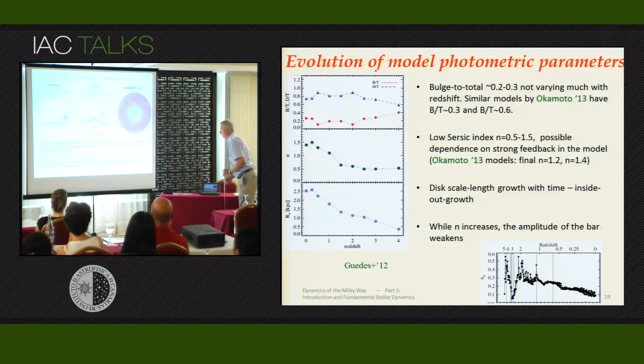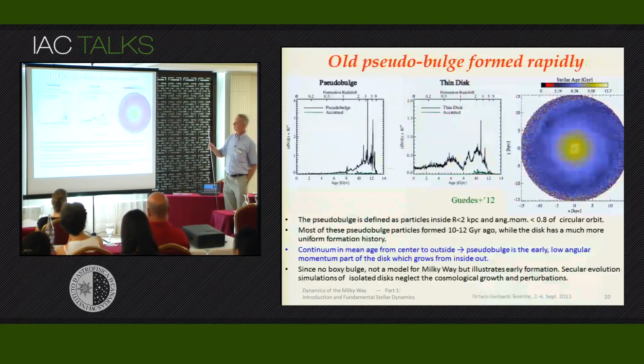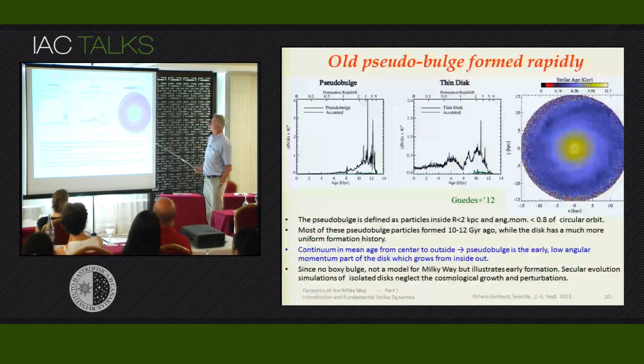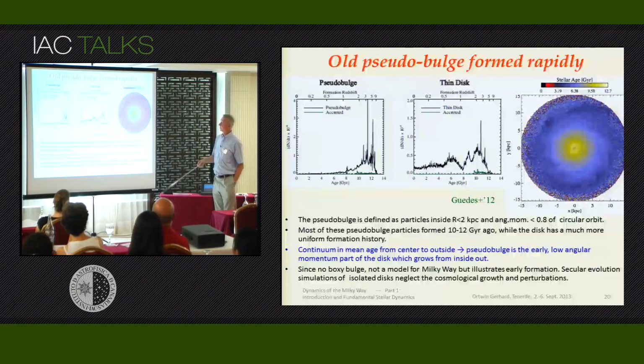And perhaps the last thing I want to show you about this simulation is this plot here. Again, only to illustrate what's possible, rather than claiming that this is necessarily correct. But because of the inside-out formation process that's happening in the simulation, there's a clear separation between the age distributions of what's called the bulge here and the disk on this side.